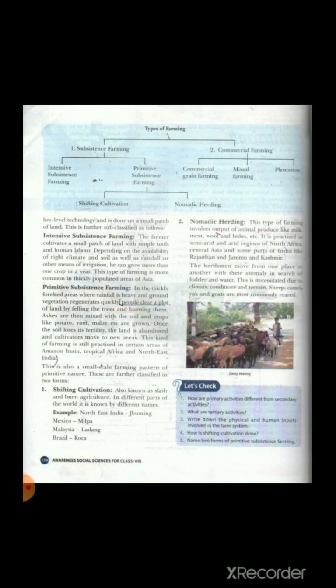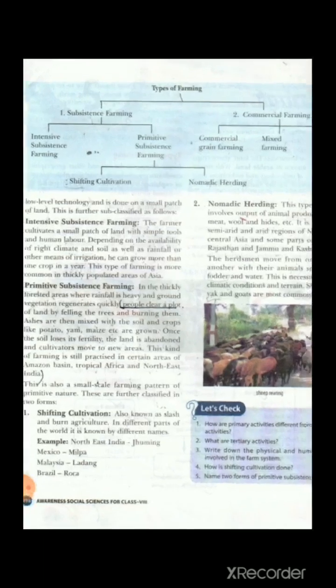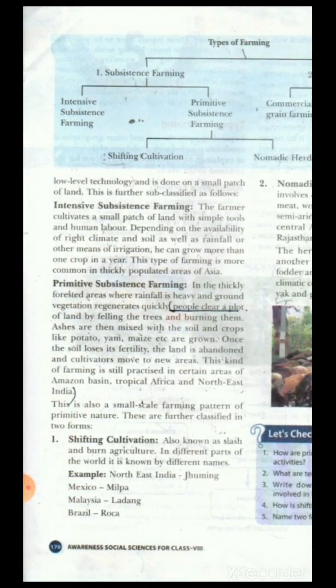First, what is intensive subsistence farming? In intensive subsistence farming, the farmer cultivates a small patch of land with simple tools and human labor. This type of agriculture is practiced in the densely populated parts of the world, like Southeast and East Asia, including India, China, Japan, Bangladesh, and Malaysia.